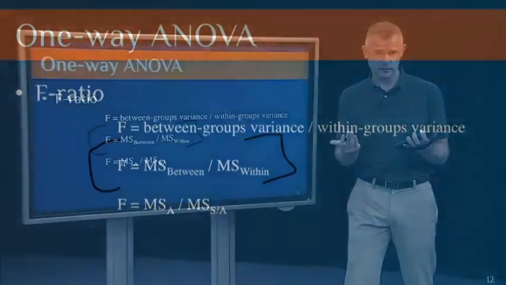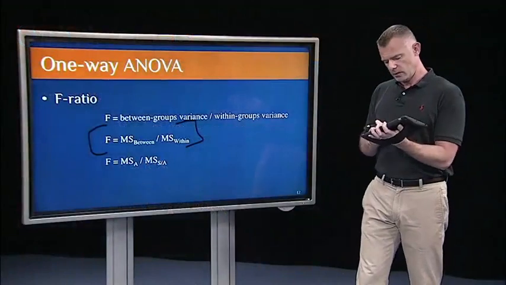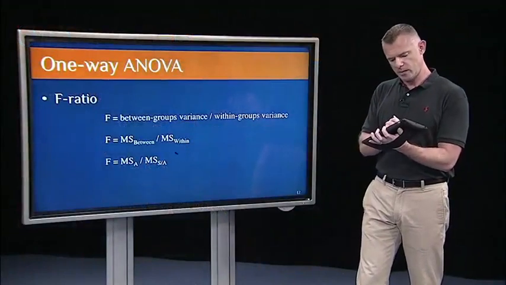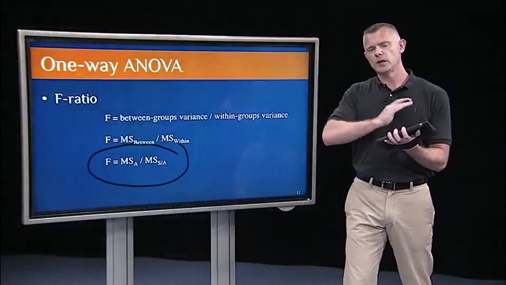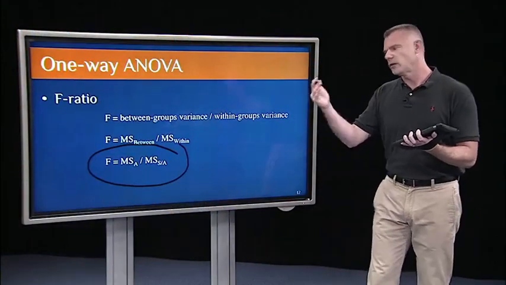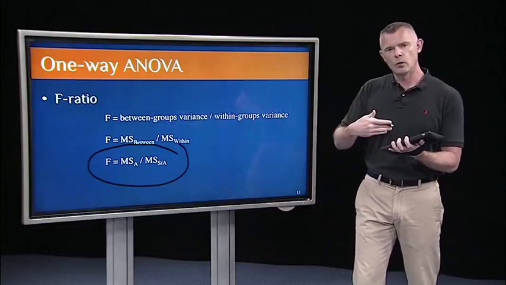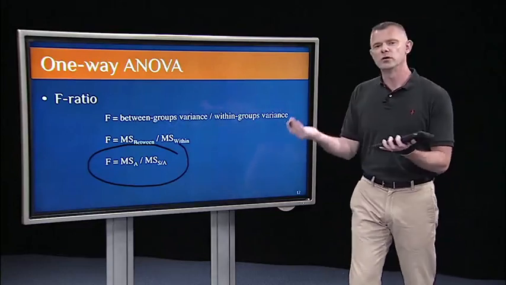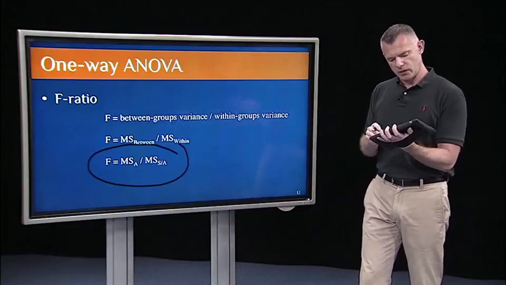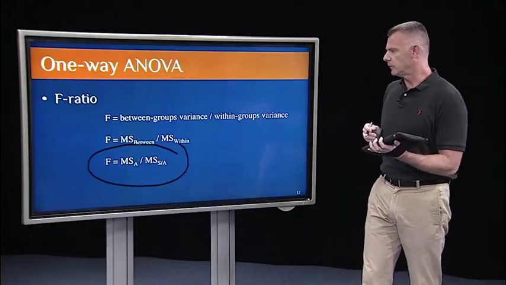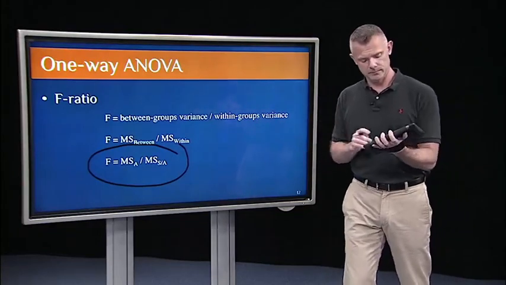Remember, mean squares is variance. I'm going to use this notation down here at the bottom because you'll see as we go into factorial ANOVA, repeated measures ANOVA, this notation will be more useful and generative as we look at more complex designs.